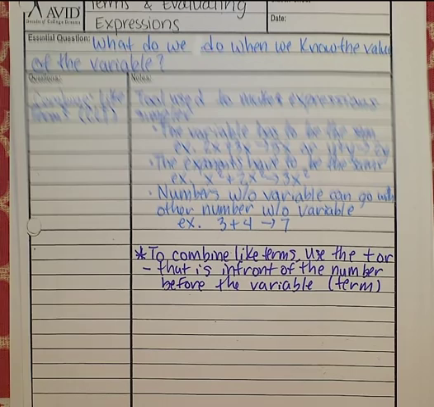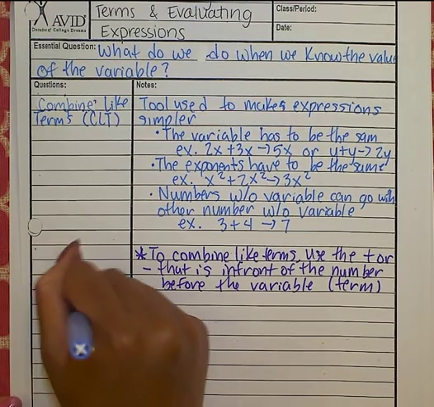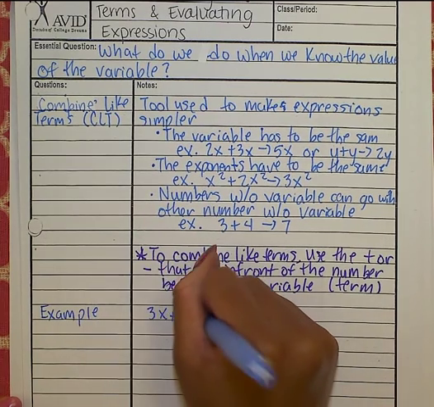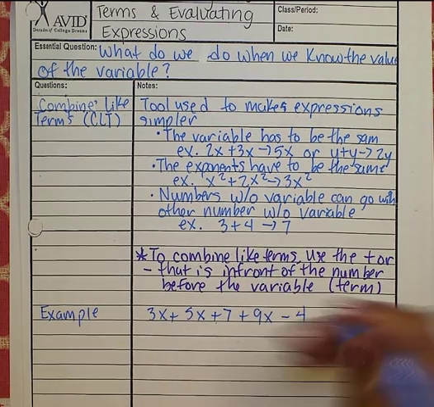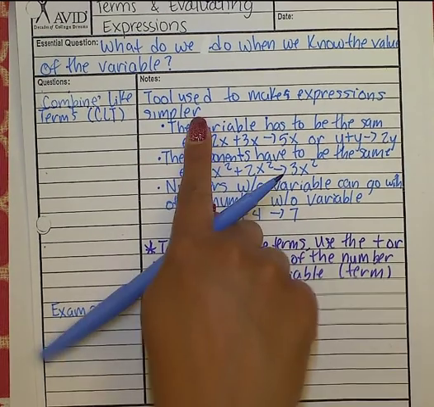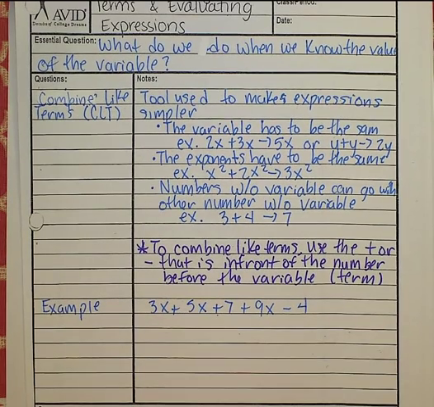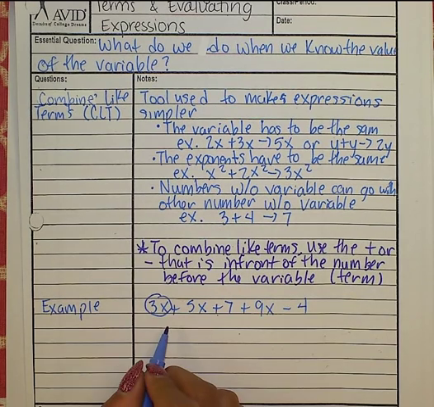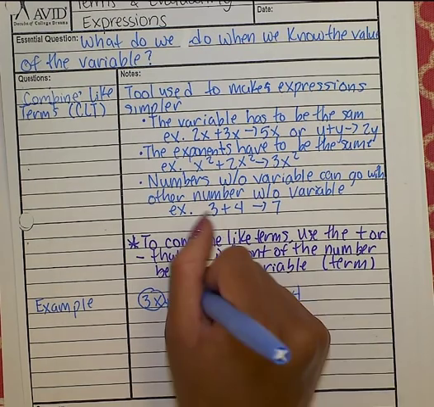So let's say, for instance, I give you a longer example. Previously, those were short and small examples. Now let's say I have 3x plus 5x plus 7 plus 9x minus 4. This is what I mean by having a longer expression, combining like terms to make it simpler. 3x is my first term, so I'm going to look for any terms that can combine with 3x. 5x also combines because it has the same variable.